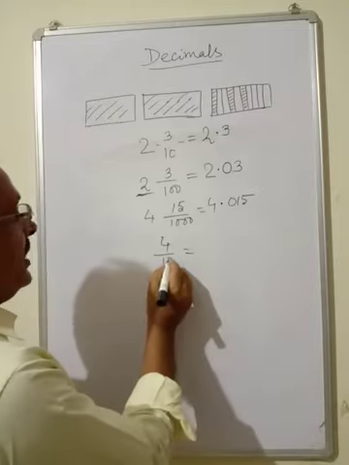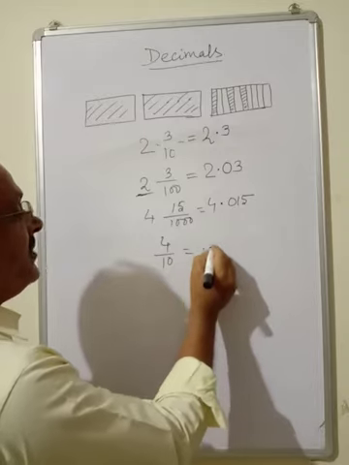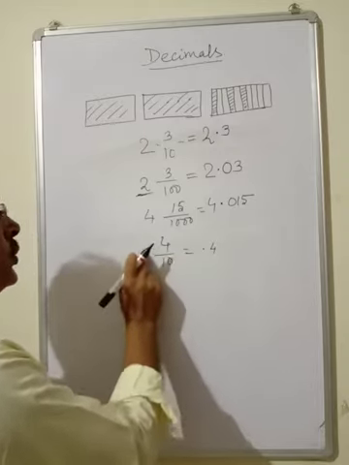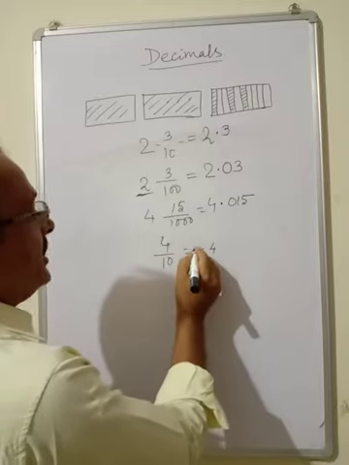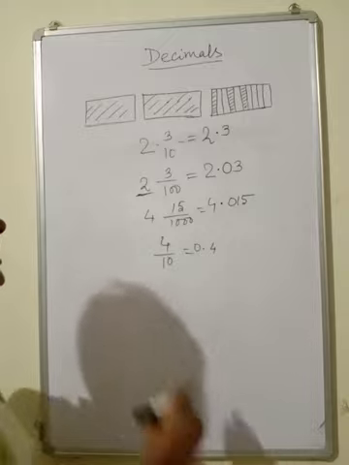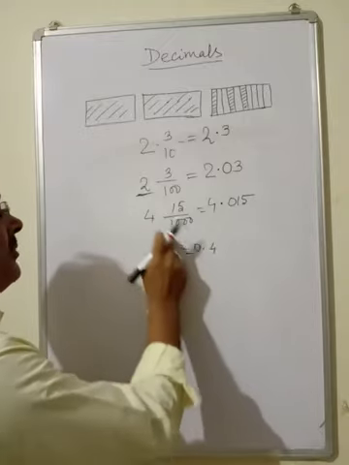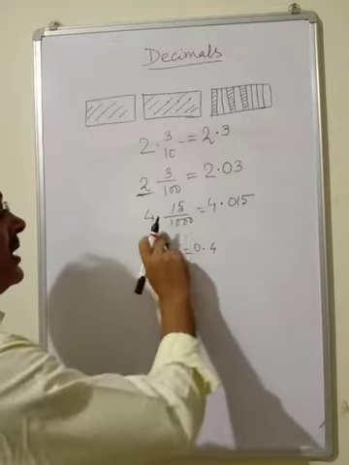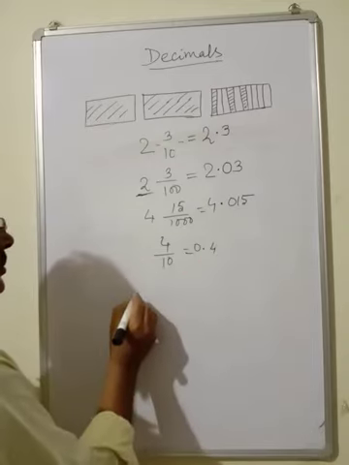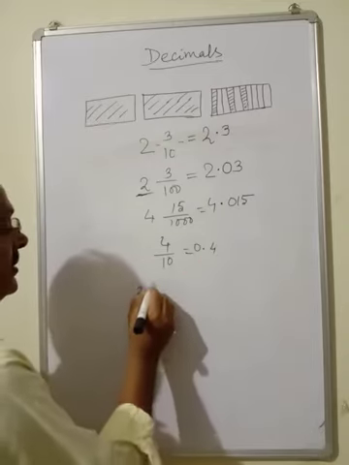So 1 digit: point, and this 4 will come here. There is no whole number here either. Now children, this is a fraction and this is a decimal number.